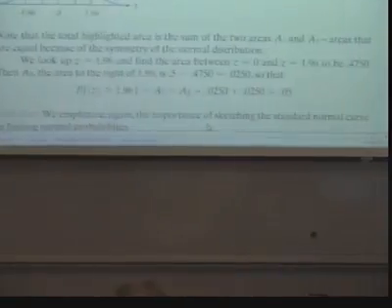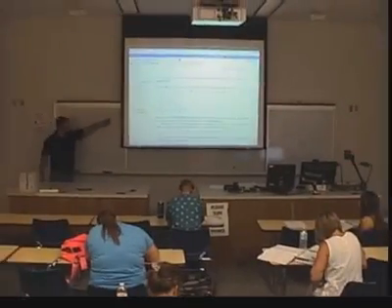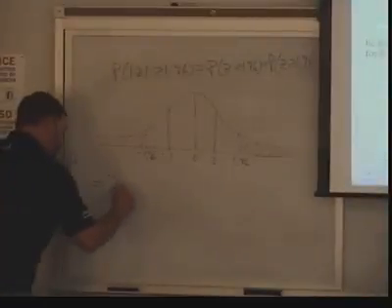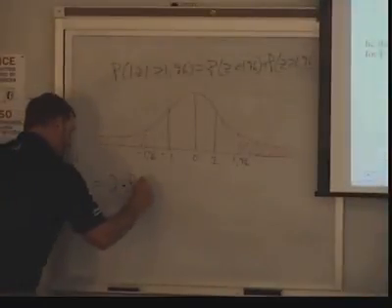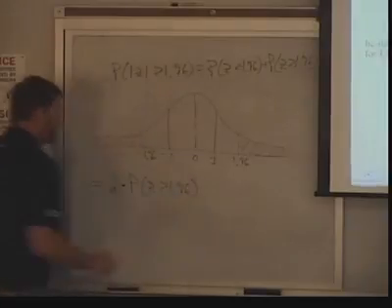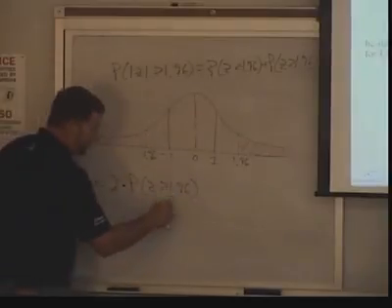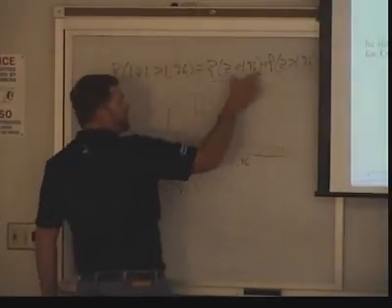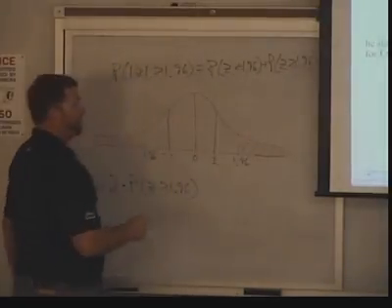But it's really, since both these areas are equal, I can just say that's times 2, right? So it's equal to 2 times the probability that z is greater than 1.96, because this area and this area are going to be equal. So I could just say 2 times that area.